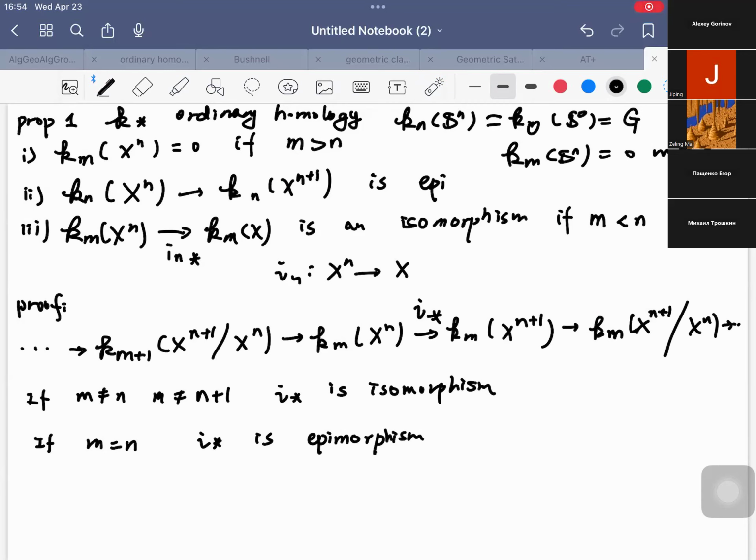And similarly, if m equal to n plus 1, it is monomorphism. Okay. Any question?